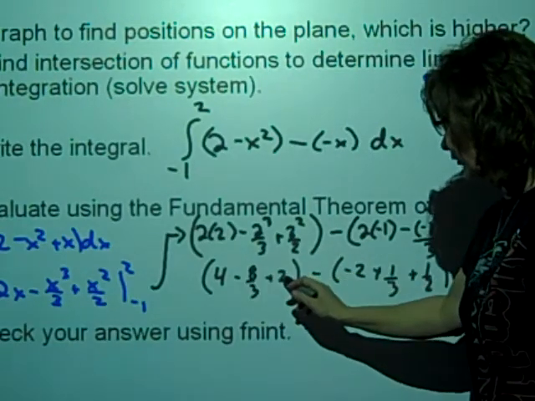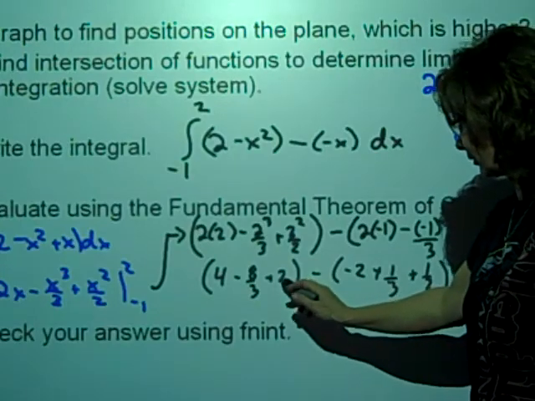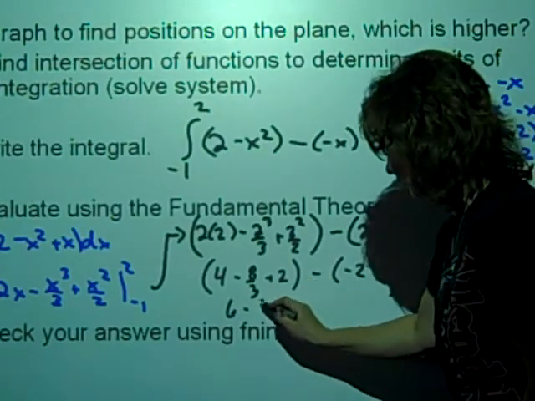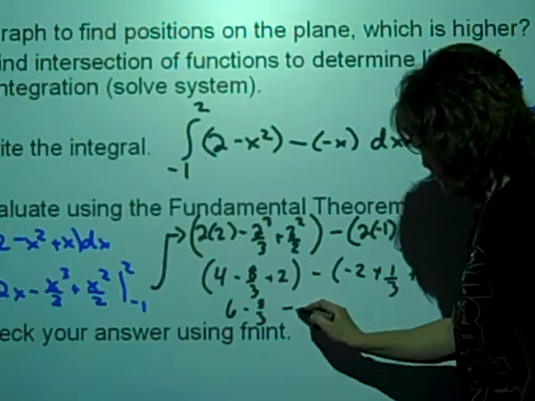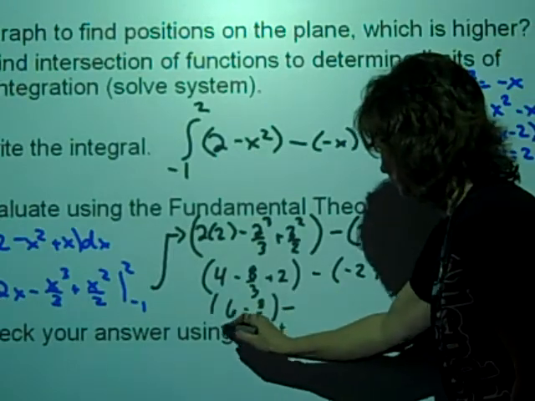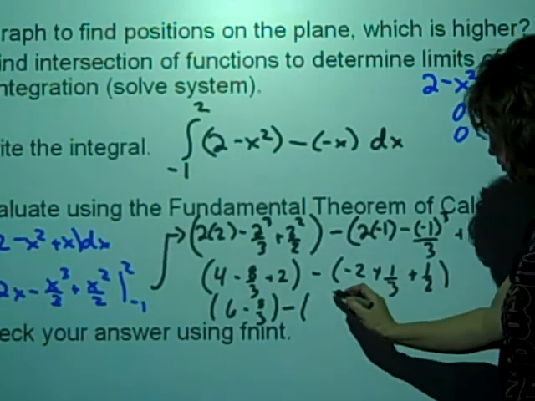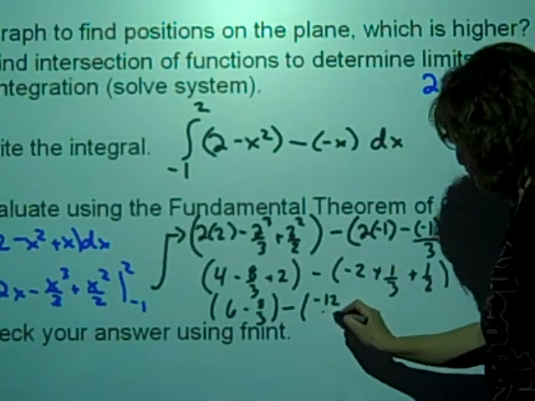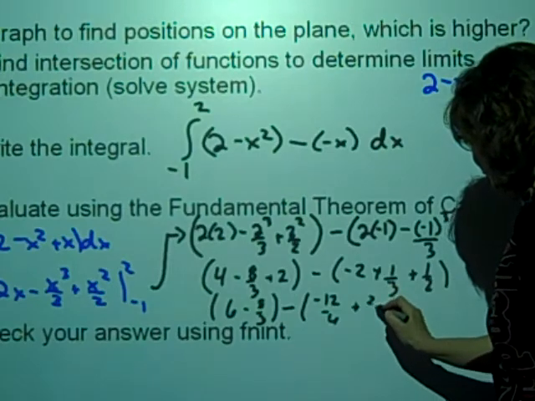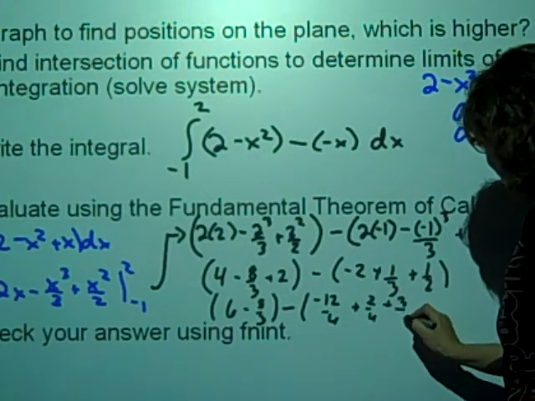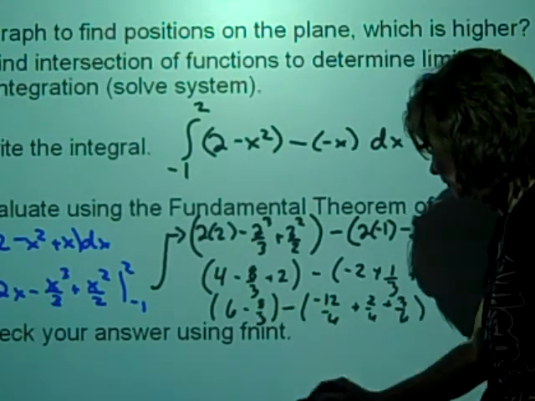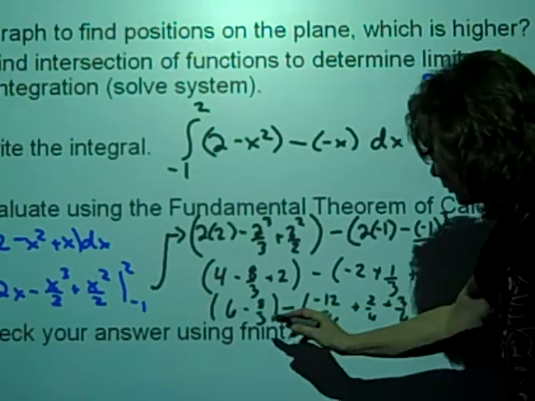So 4 and 2 is 6, minus 8/3, minus, I just might as well make 6 here. So I'm going to have -12/6 plus 2/6 plus 3/6. And here, I might as well make 6 all the way across.